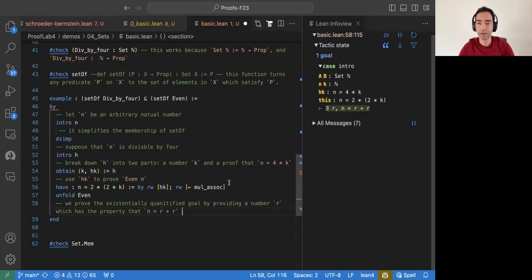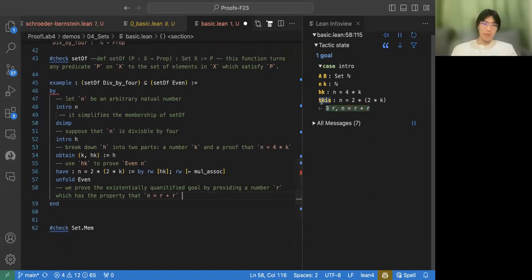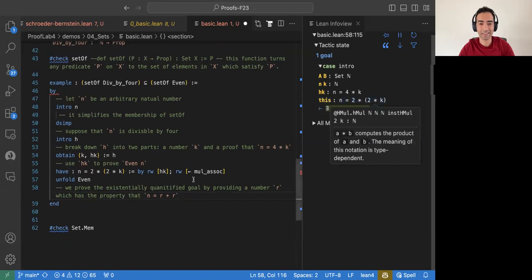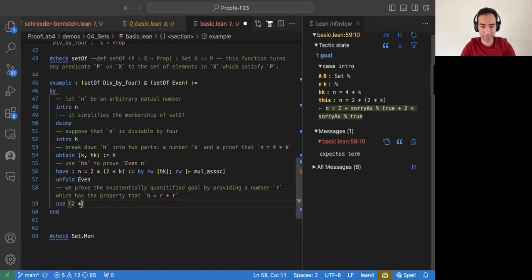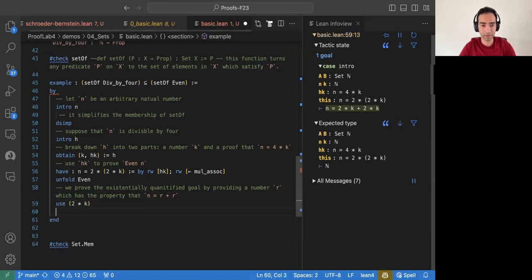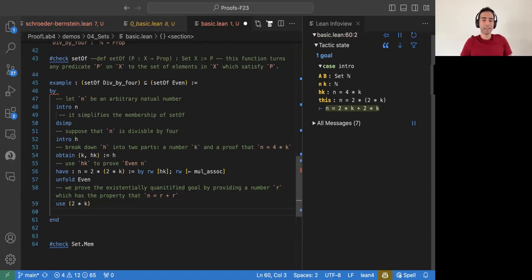So for which number r is it true that my n is r plus r? 2 times k. Yeah, so all we need to do is to look at this, right? So let's use 2 times k. Great. Now, maybe exact this would work. What do you think? Would it work if I write exact this?